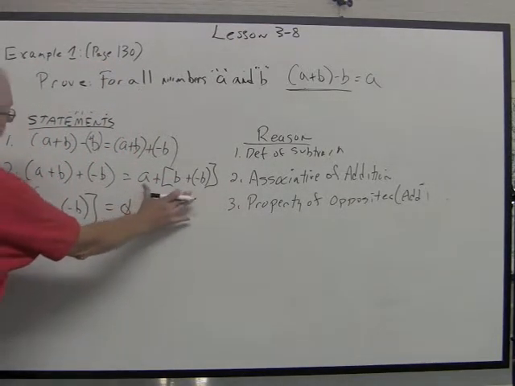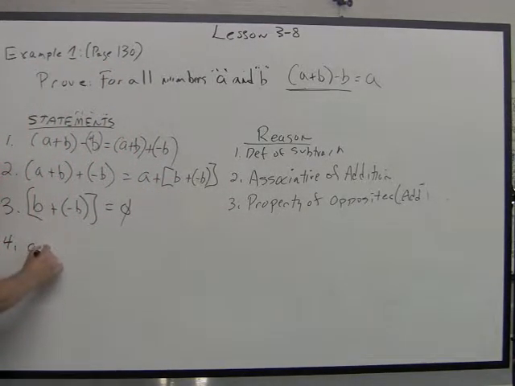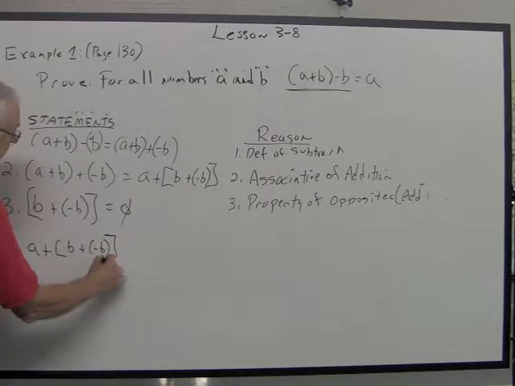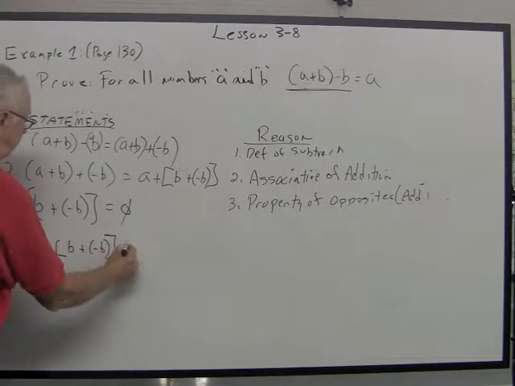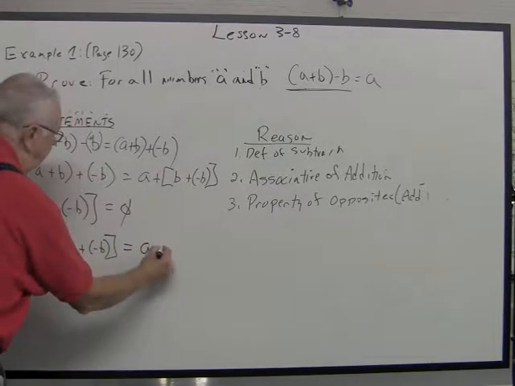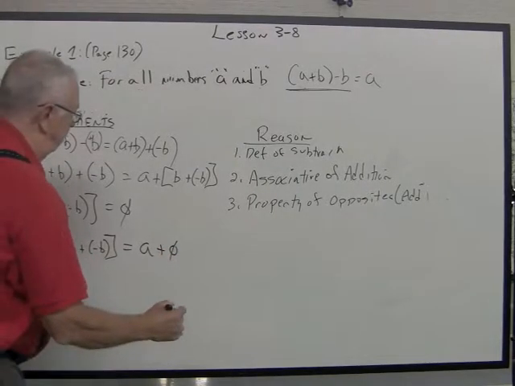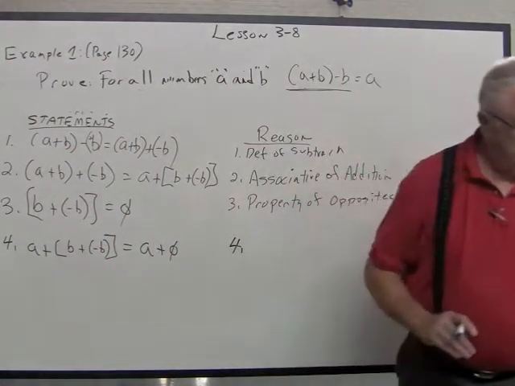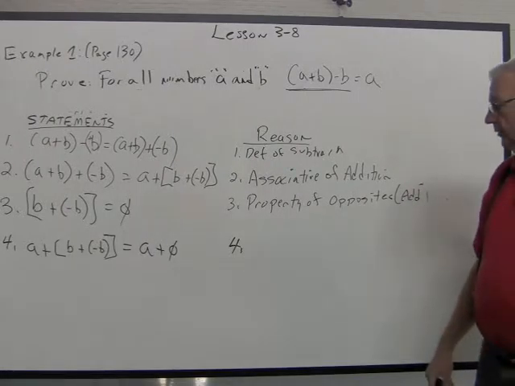Now we come back, in statement 4, to this a plus b plus the minus b equals a plus 0. Let's make sure. So a plus b plus the minus b equals a plus 0.